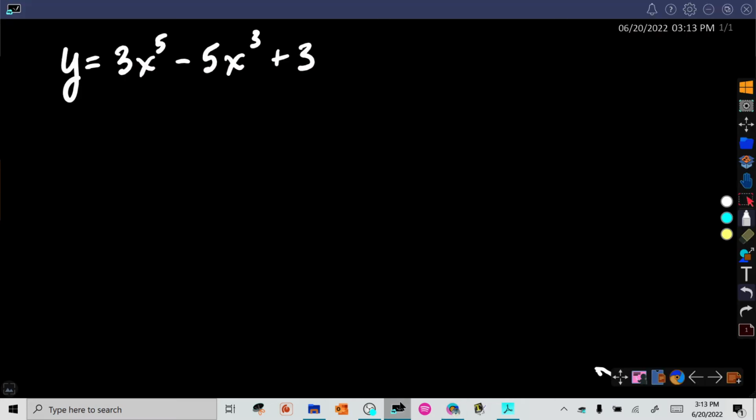So let me go in here, and I just want to show you really quick. If I were to take the derivative and solve, I would have y prime is equal to 15x to the fourth minus 15x squared. And now I'd have to set it equal to 0 and then factor.